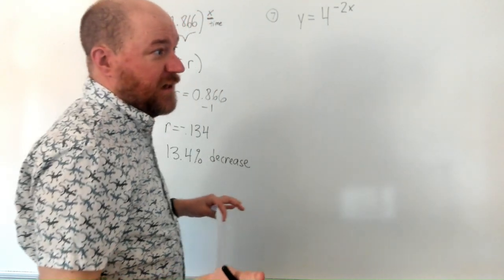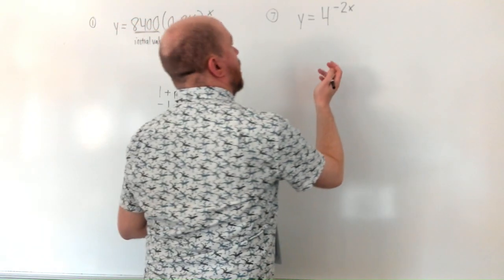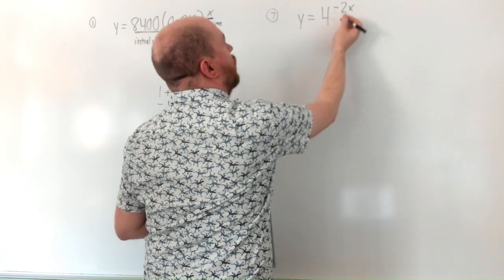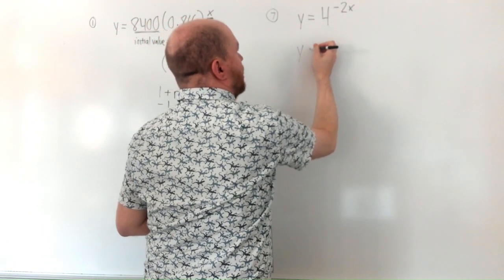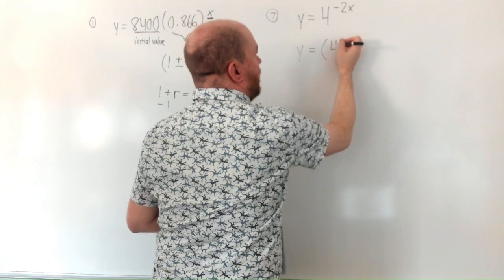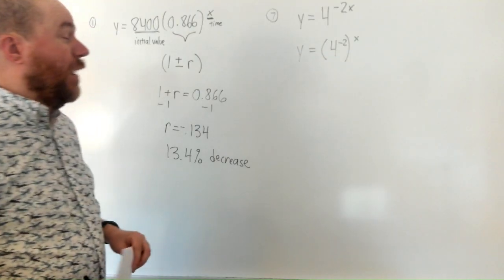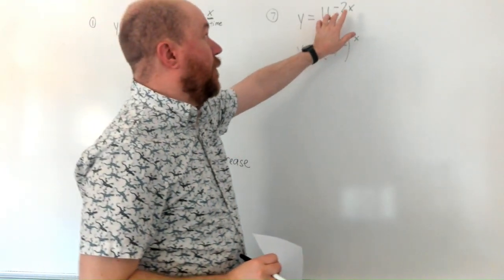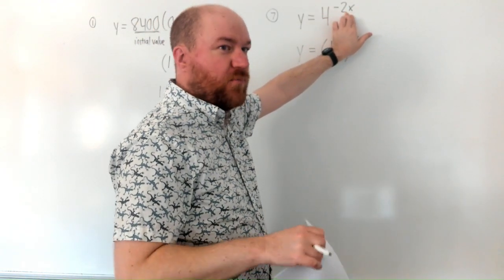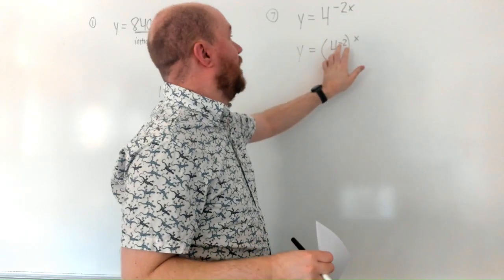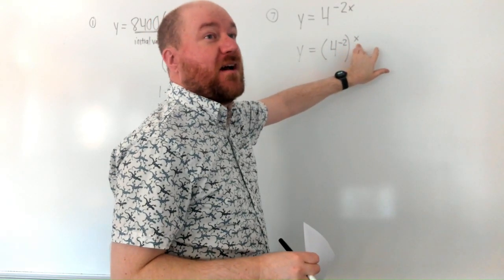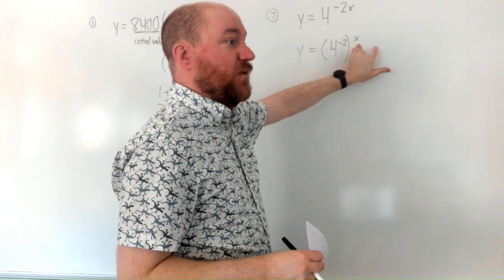So we're going to deal with that too. What is 4 to the negative 2? We're going to rewrite it like this: 4 to the negative 2, to the x. When exponents are multiplying, you can break them up and only do part of them, as long as you leave the other one behind still as an exponent.